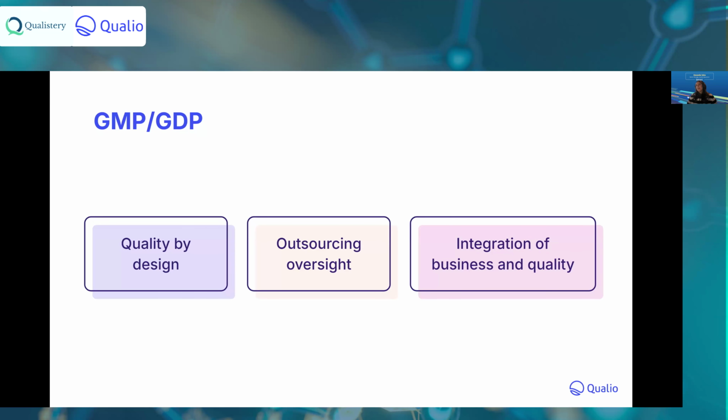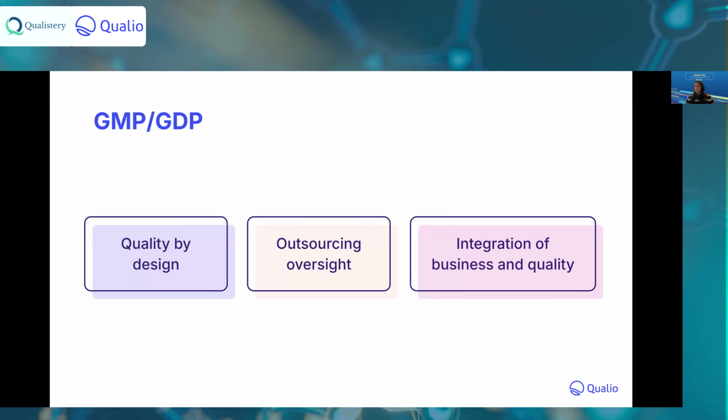So GMP and GDP, in this case GDP is good distribution practices, not necessarily good documentation practices, which is the smaller GDP. We love the acronyms. These 2 are really the foundation of your compliance. GMP ensures that products are consistently manufactured to the right standards.